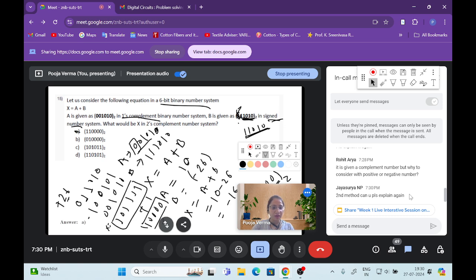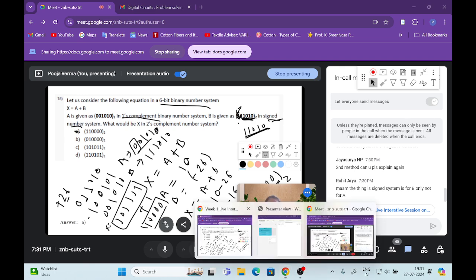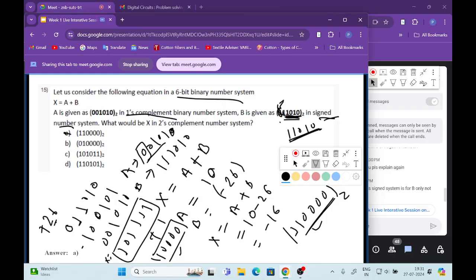Okay, second method, can you explain again? Yeah, sure. Here B is given as 11110. The MSB is 1, so it is considered a negative number. When you take the decimal representation of this number, you will get 26.